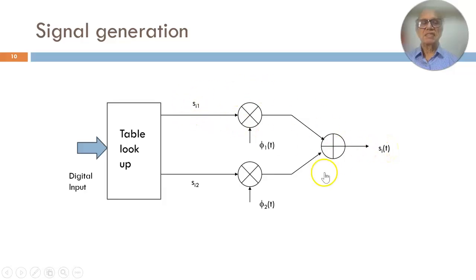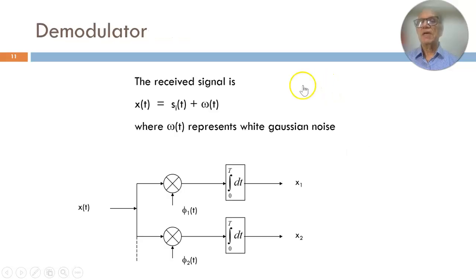So signal generation is quite simple. All you require is a table lookup. For example, if this was 0, 1, then appropriate coefficients will be generated and the appropriate signaling waveforms will be finally generated.